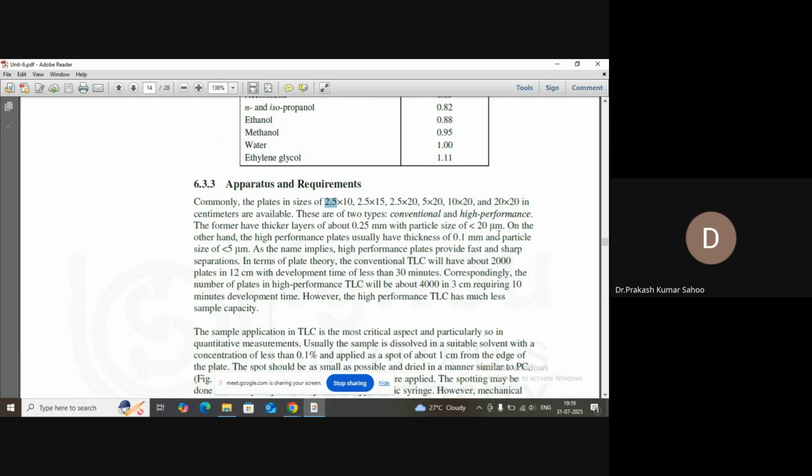The former have a thicker layer of about 0.25 millimeter with a particle size of less than 20 micrometer. On the other hand, in high performance, the thickness is 0.1 millimeter, that means it is very thin, and the particle size is also less than 5 micrometer. So depending upon your particle size and the type of stationary and mobile phase used, you are advised to choose your plate size accordingly.